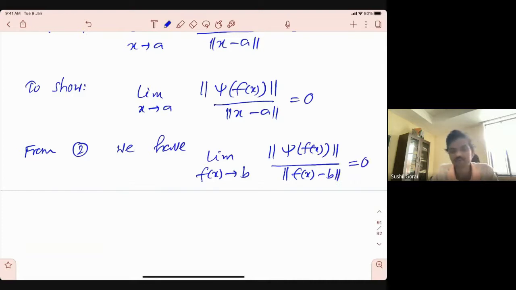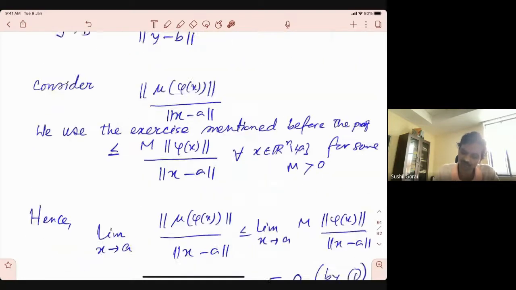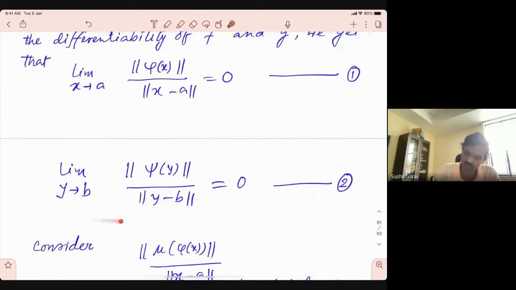Is it correct? Yeah, is it correct? So what is 2? 2 is this one, right? So where does this y belong? Y belongs in Rm.